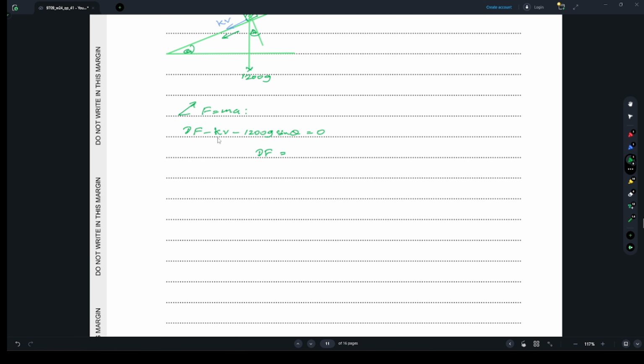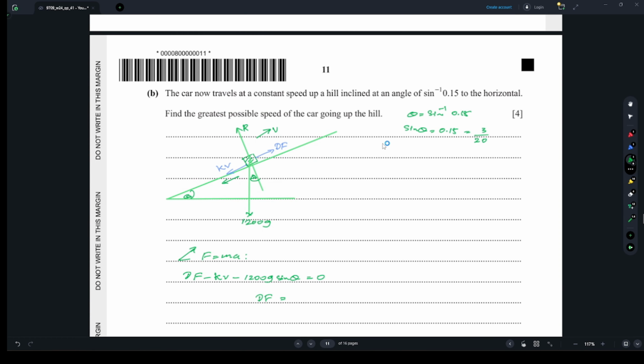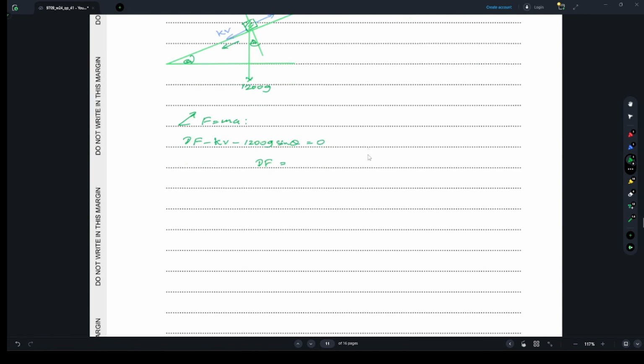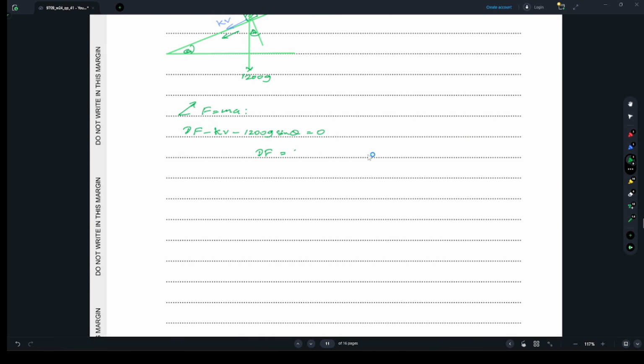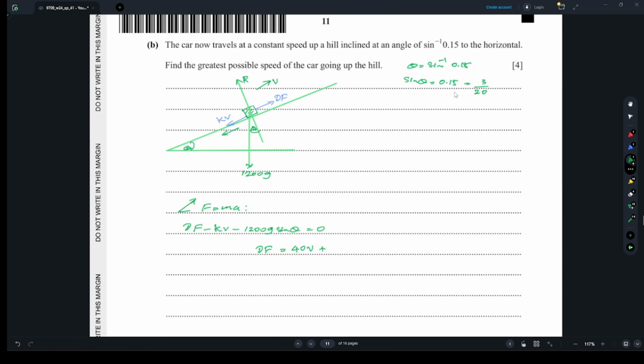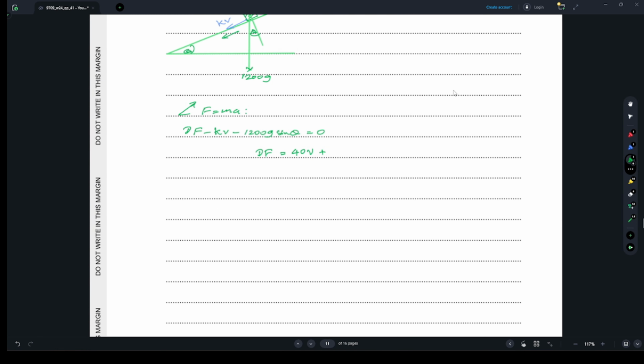So from here I can write dF equals, k is 40, we don't know the velocity, so 40 v plus 1200 times g, which is 10, times sine theta, which is 0.15. So then it is 1800.